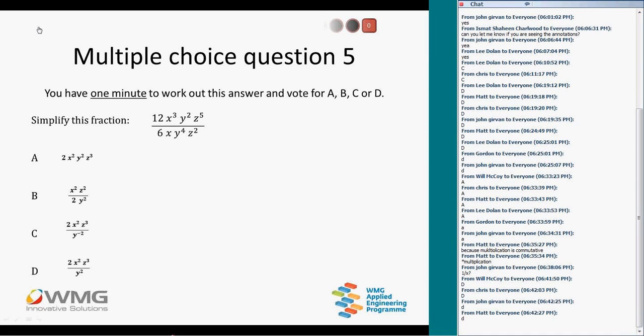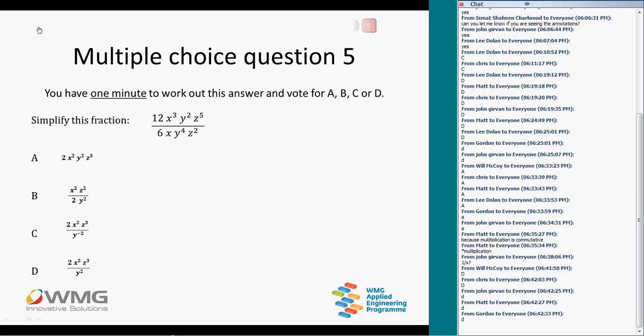Okay. Most people there I could see were telling me that they thought the answer was D, and they were right, that is D. That's good.